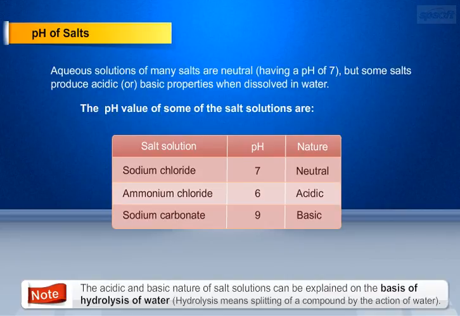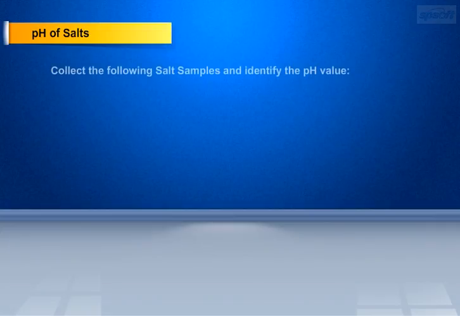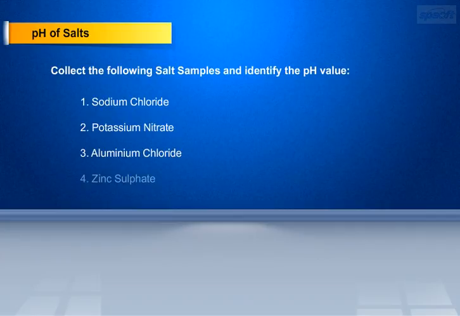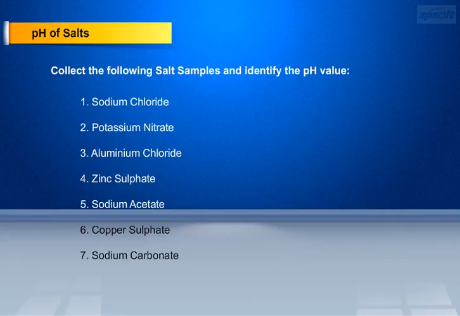Note, the acidic and basic nature of salt solutions can be explained on the basis of hydrolysis of water. Hydrolysis means splitting of a compound by the action of water. Collect the following salt samples, and identify acid and base and the pH value: sodium chloride, potassium nitrate, aluminium chloride, zinc sulfate, sodium acetate, copper sulfate, sodium carbonate, sodium hydrogen carbonate.